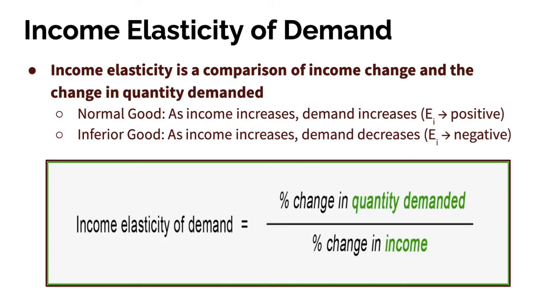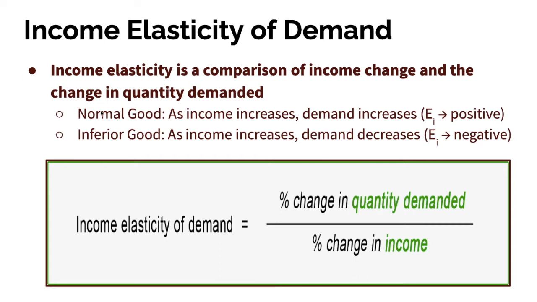So income elasticity of demand looks like this. It's the percent change in QD over the percent change in income. Not that much different than what we've seen already compared to elasticity of demand and elasticity of supply. The only difference here is that we're dealing with two different types of goods.